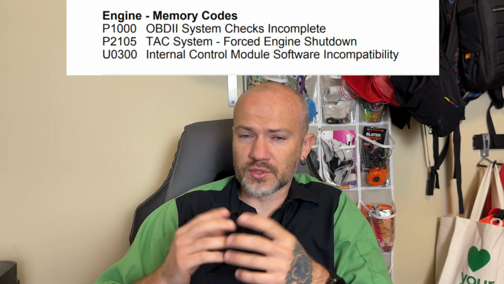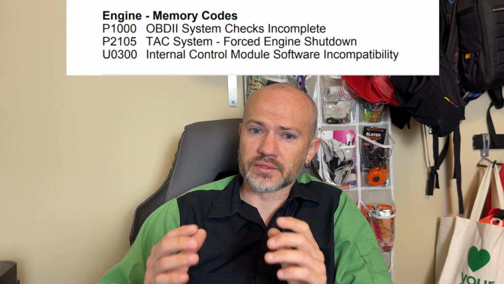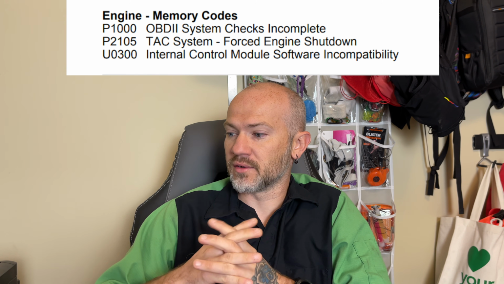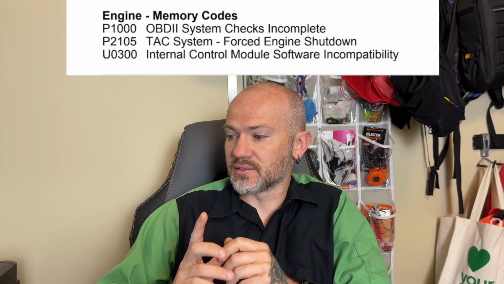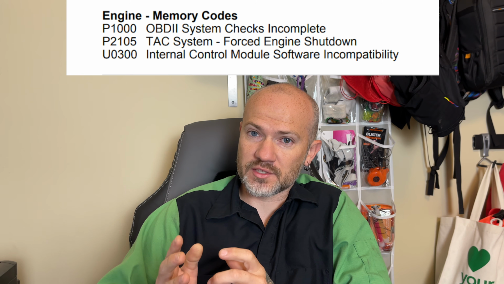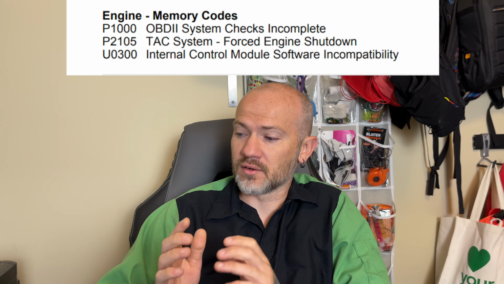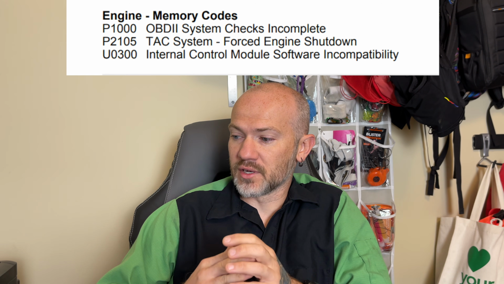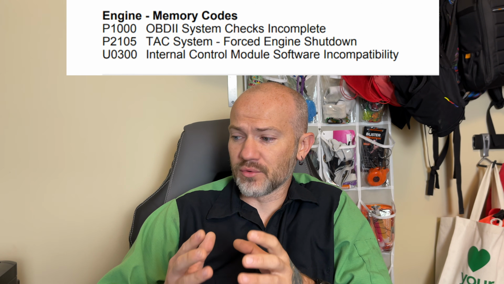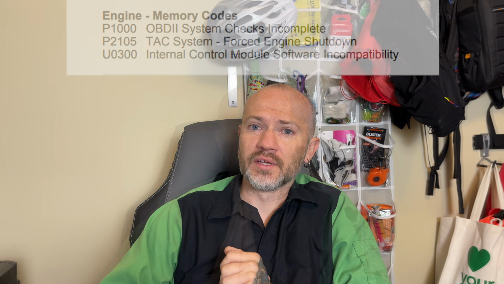But even on the first crank stall, the first codes that set were the P1000, which on Ford just means it's not ready, all the monitors haven't run, which everybody should know by now. A P2105, TAC system forced engine shutdown. So that's my stall. My crank stall is P2105. And then this U0300, internal control module software incompatibility.